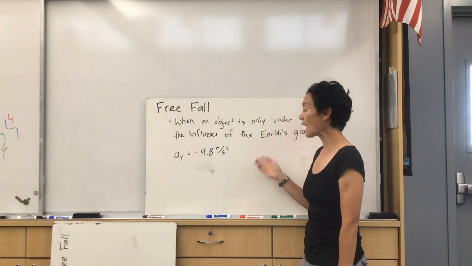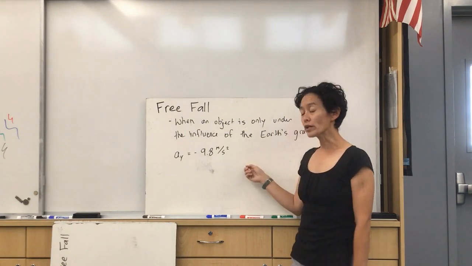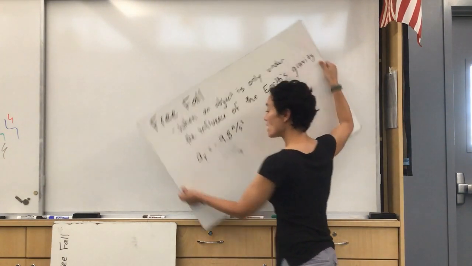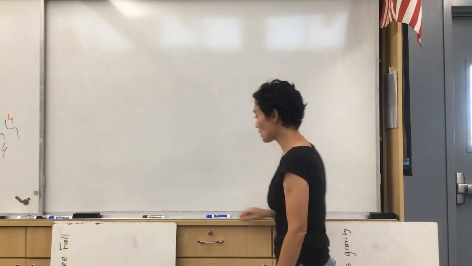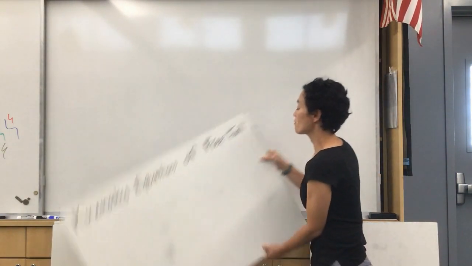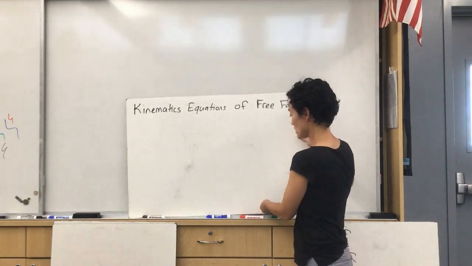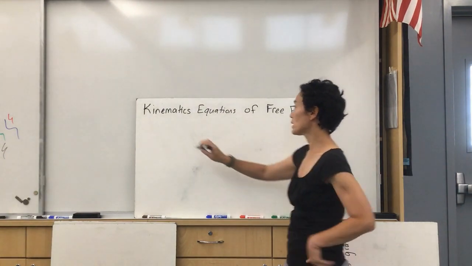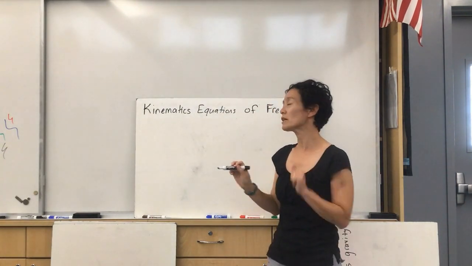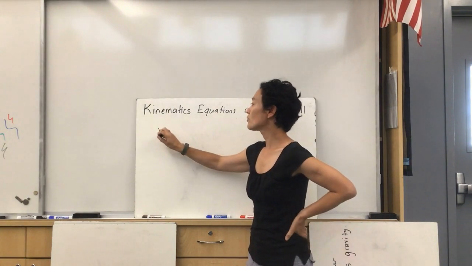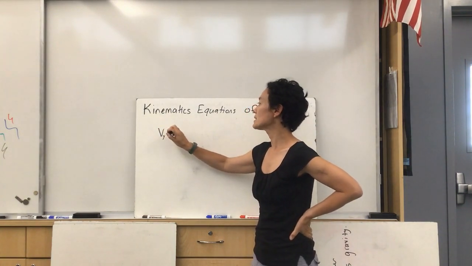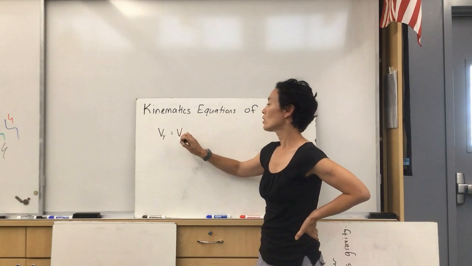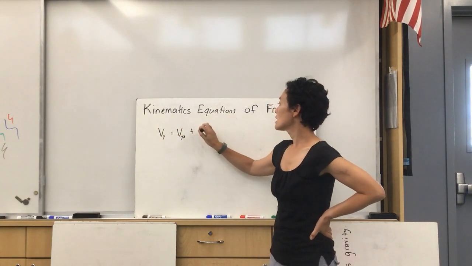So kind of looking at how this affects our equations of motion. We still have the same three kinematic equations of motion here. So let's label it out. We're just going to be a little bit more specific with our notation. So our first equation: Vy is equal to Vy original plus Ay t.